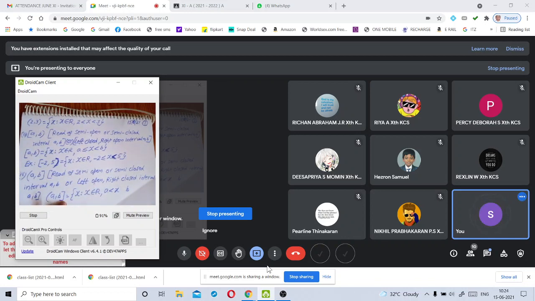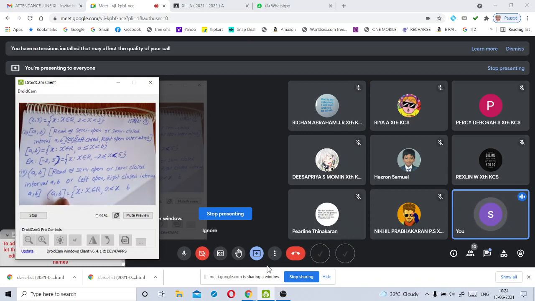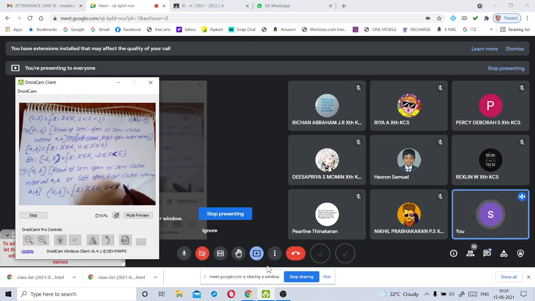On the right side a square bracket is used, so between x and B, use less than or equal to. It means A less than x less than or equal to B.